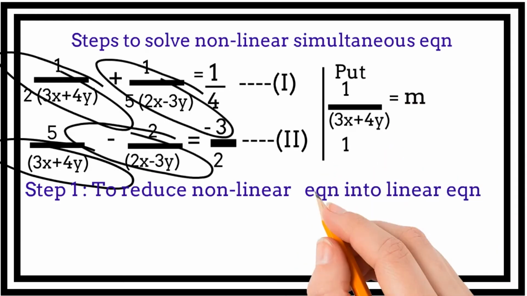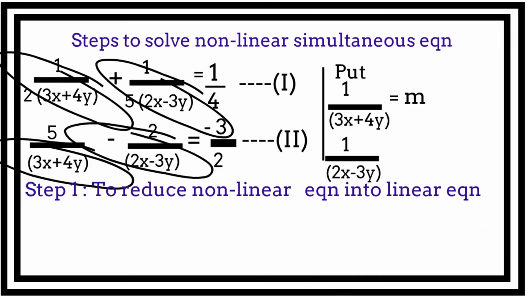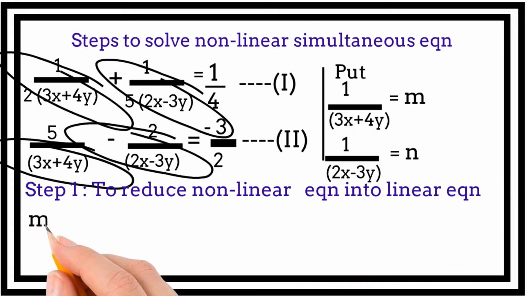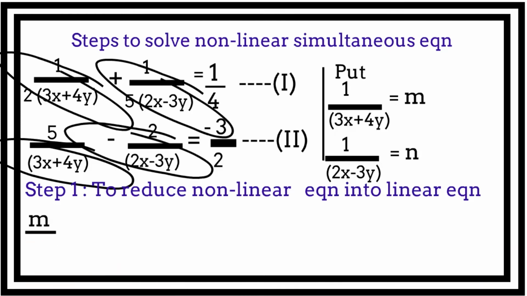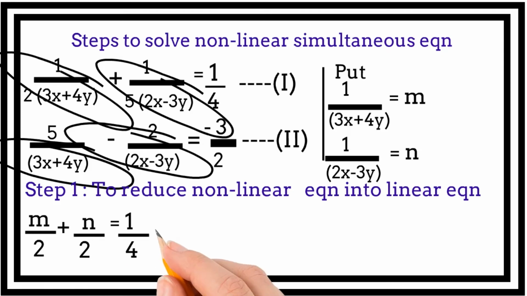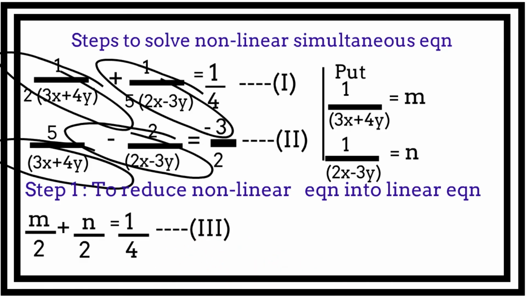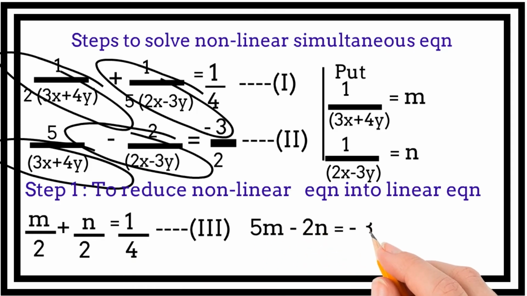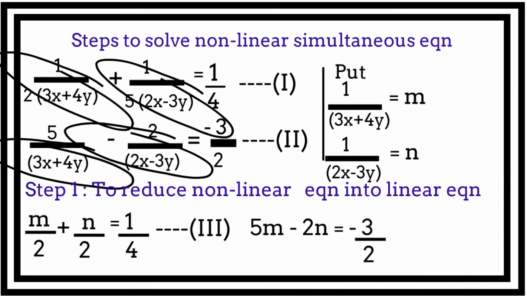So I will replace that 1 upon (2x minus 3y) with variable n. So we will get m upon 2 plus n by 5 is equal to 1 by 4. Why did m come on top? Because we have replaced 1 upon (3x plus 4y) as a whole. So this will be my third equation, and second, 5m minus 2n is equal to minus 3 by 2. Equation number 4.